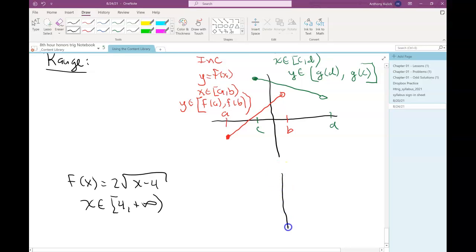But here, if I think back to my Algebra 2 class, I'd recognize this function f of x as a square root function. And I know what the graph of a square root function looks like. It's either going to look something like this, or like something like that, right? Okay, no big deal. Do you remember when we get the red graph, how to predict that?